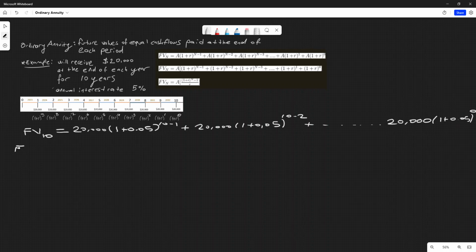Let's take $20,000 out as a common factor and put the entire equation in parentheses, and this is the distributive property of multiplication.